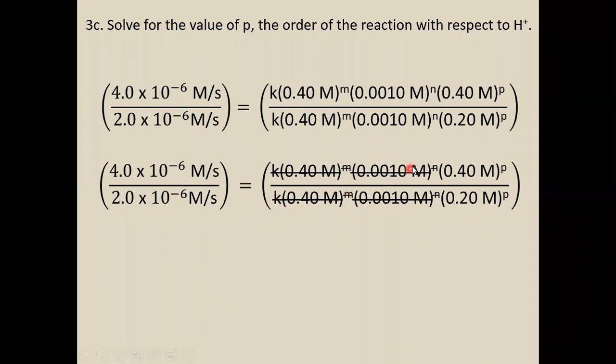M cancels out. Iodine cancels out, and N cancels out. So I'm only left with 0.40 raised to the P divided by 0.2 raised to the P equals rate 2 over rate 1. Now I'm going to solve that down a little bit further, and I'm left with this: 2 equals (0.4 over 0.2) raised to the P. And now I just have to isolate P and solve for it.